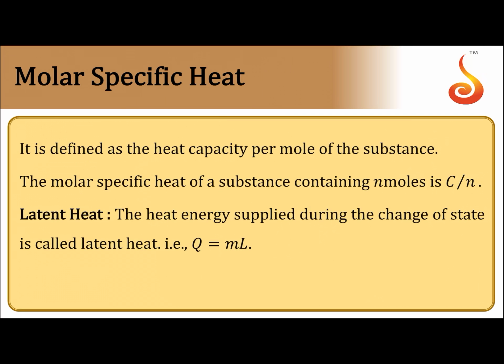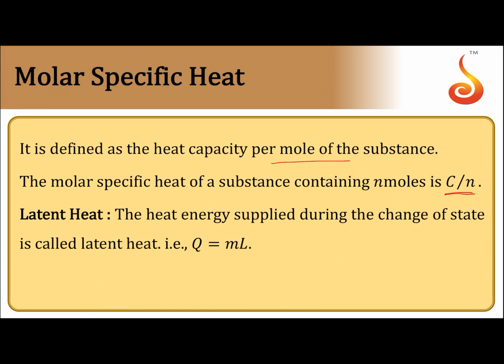If you define it for unit mass of substance, it is specific heat. If you define it per mole of a substance, it is called molar specific heat. It is defined as heat capacity per mole of a substance, so it is C by n. The molar specific heat of a substance is heat capacity divided by number of moles.